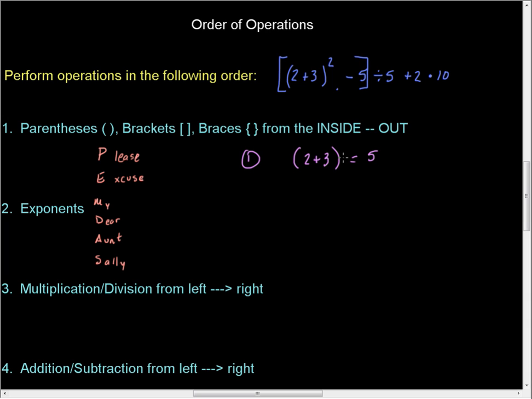Once we have done all the things in that set, we can now get rid of those parentheses. So when we rewrite this, that's going to give us 5 squared. Now in this case, I would encourage you to keep these.